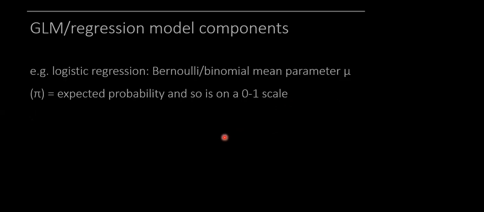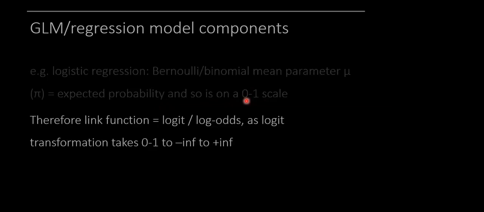But to give you an example where we do need to make an explicit transformation, in logistic regression the probability distribution that we use has a mean parameter which is the expected probability. And obviously probability can only be from 0 to 1. So now we've got a problem, because our linear predictor can vary from negative infinity to positive infinity, but the thing we're trying to predict, the expected probability, is on a 0 to 1 scale.